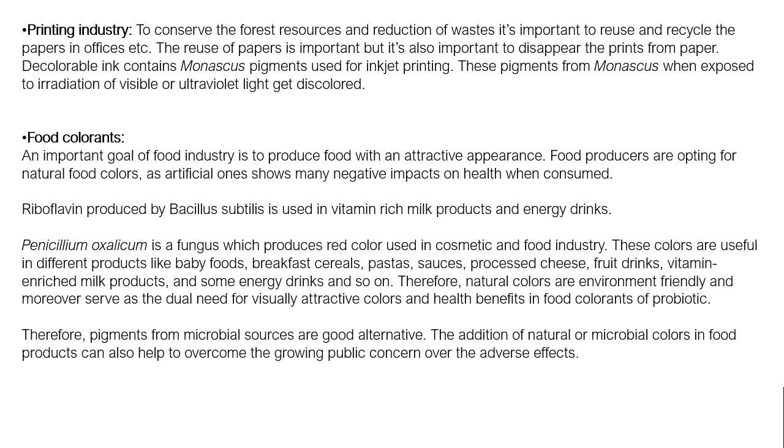Penicillium oxalicum is a fungus which produces a red color used in cosmetics and food industries. These colors are useful in different products like baby foods, breakfast cereals, pasta, sauces, processed cheese, fruit drinks, vitamin enriched milk products, and some energy drinks, and so on.